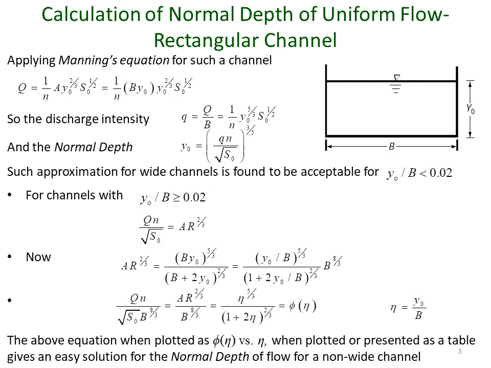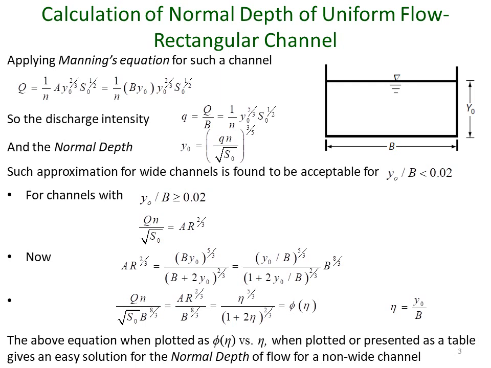The discharge intensity is given by small q equals capital Q by b. So the discharge intensity is of course the total discharge divided by the width of the channel, which is given by small q equals 1 by n into y naught to the power 5 by 3 into S naught to the power half, the second equation of the wide channel.